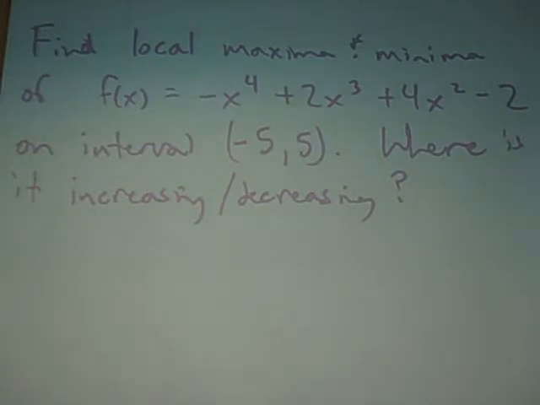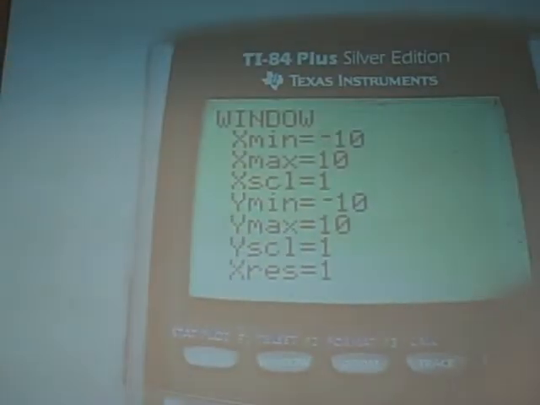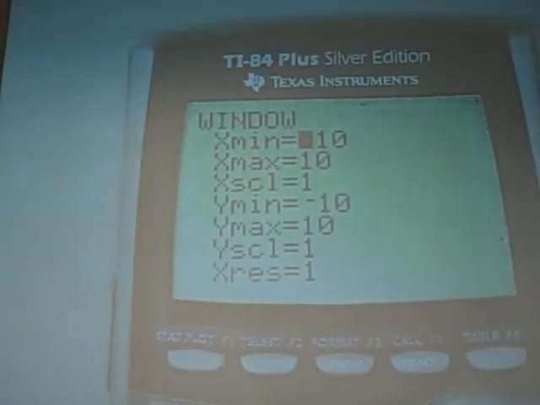Plug that into your calculator, and we want the window to go from -5 to +5. So go into window, put -5 to +5, and then push graph.